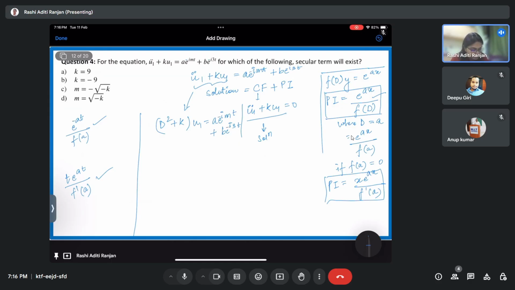There should be a minus since we are considering this for this equation. This is fine. Why is this fine? Because with time, this is a negative exponential, so with time the value is going to decrease anyway.